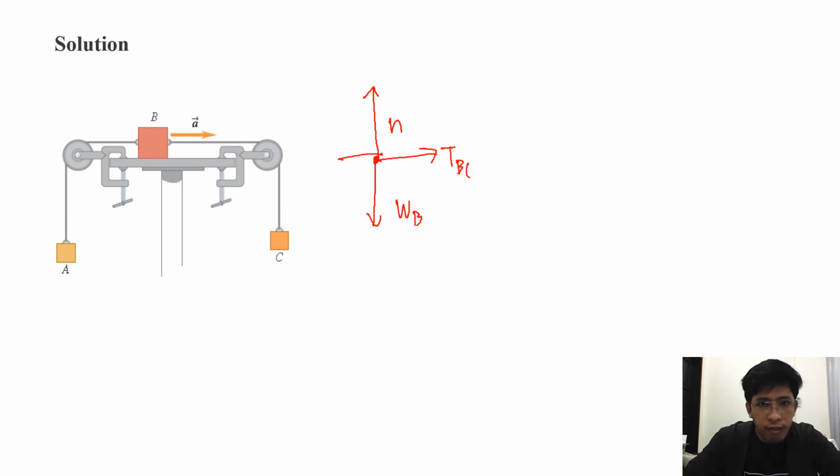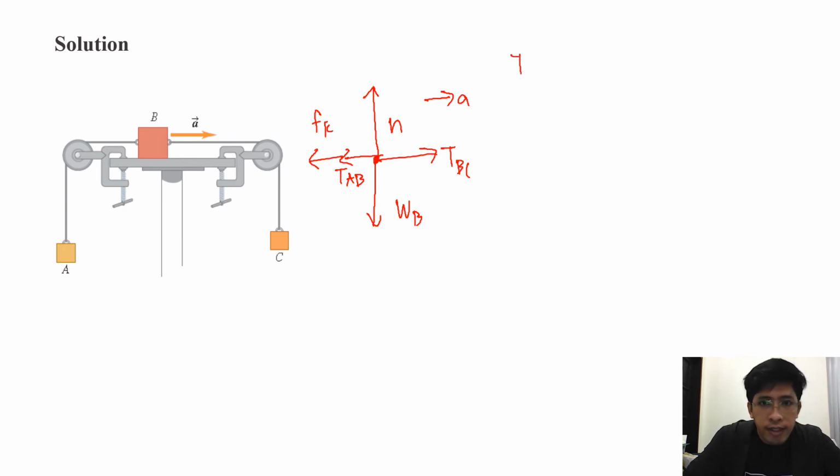To the left we have your tension AB, T_AB, and then since it's accelerating to the left, we also have the action of your kinetic friction on block B. And we have the following equations of motion.